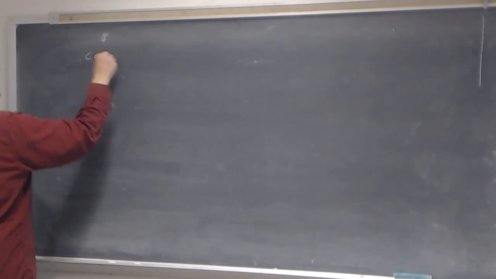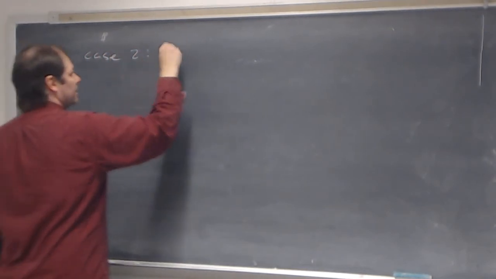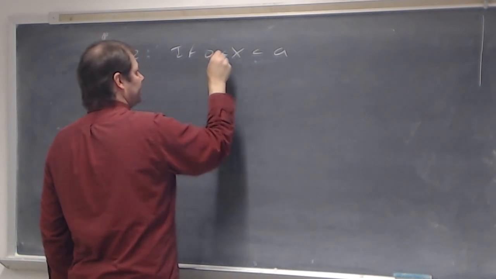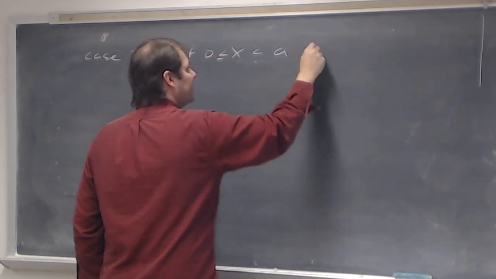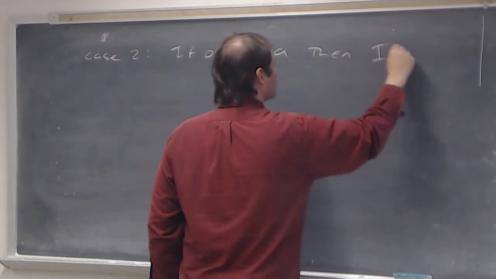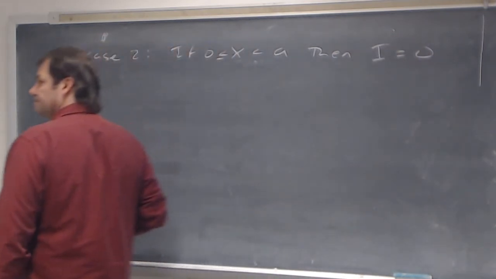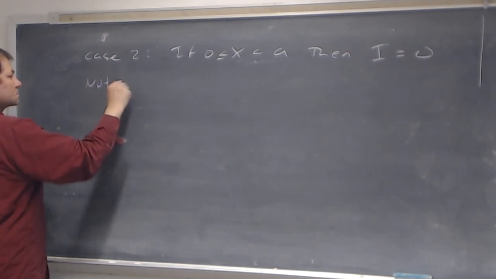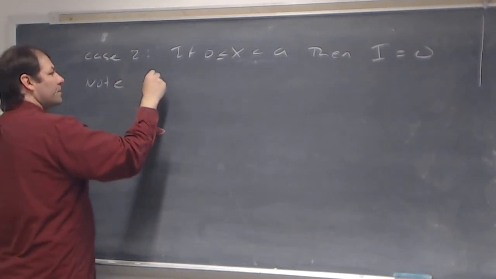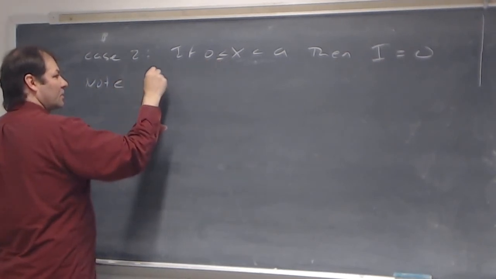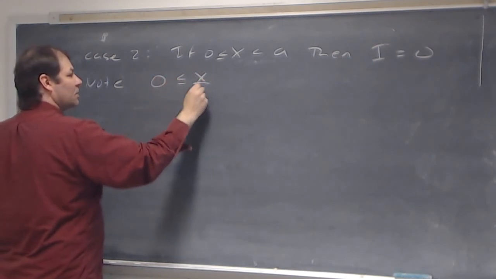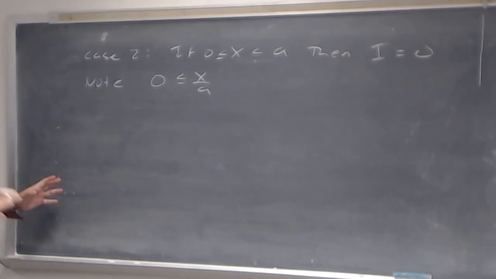The other case is if x is less than a, so it's still bigger than or equal to 0. Then in this case, I is equal to 0 by its definition. Now note, if I divide everything by a, I have that 0 is less than or equal to x over a, because x and a are both positive.